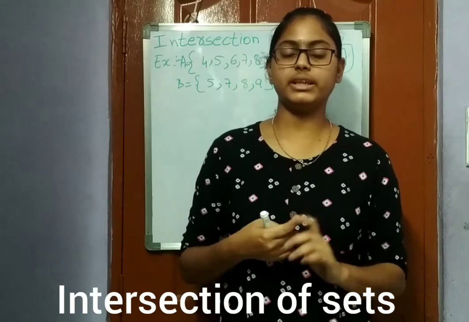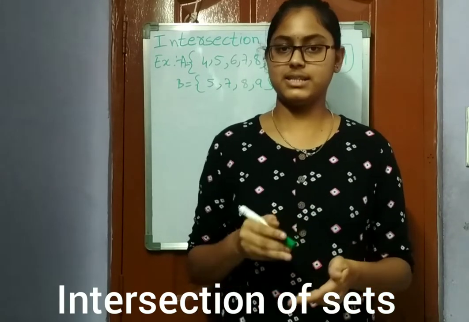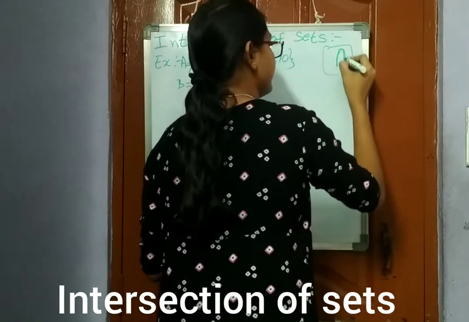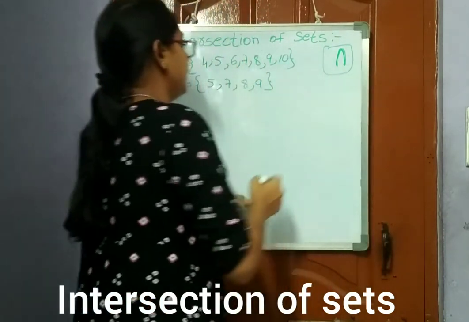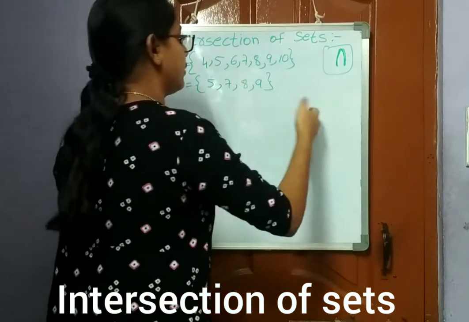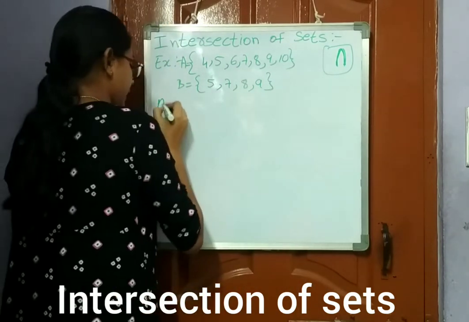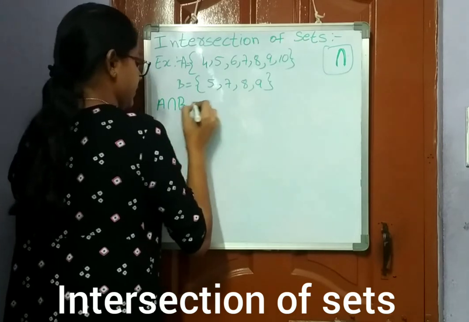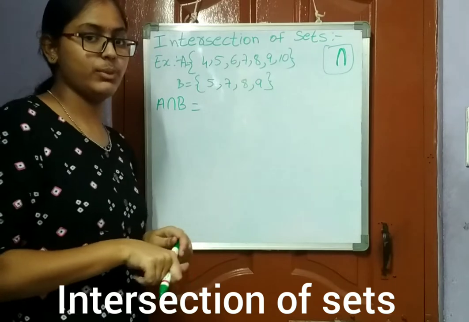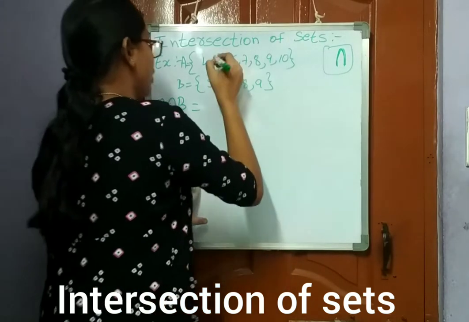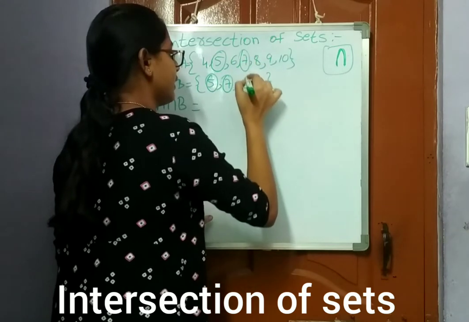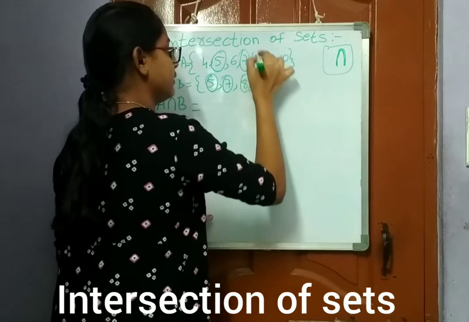Elements that are common in given two sets are called the intersection of sets. Intersection is denoted by this symbol, which is similar to an inverted U. Now let's see an example. A and B are given. We need to find A intersection B. First, we need to find which elements are common in both A and B. Common elements are 5, 7, 8 and 9.